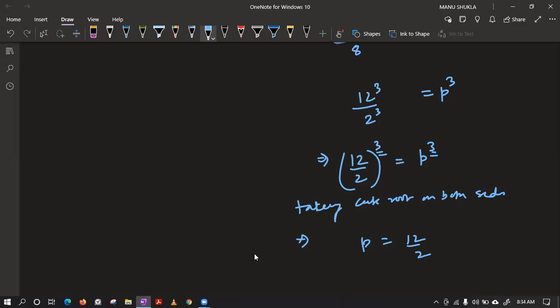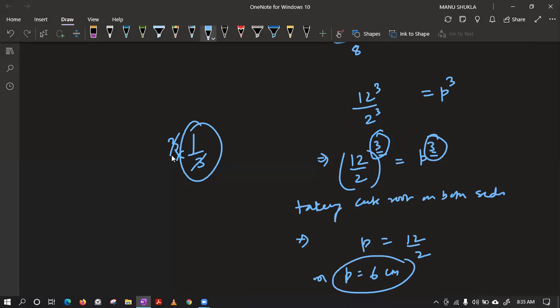Under root is for square root. When we are not mentioning the power, it is understood to be a square root, 1 upon 2 power, but here we are doing 1 upon 3 power. This is a cube. We are multiplying 1 by 3 on both sides so that the power will cancel. So the answer is p is equal to 6 centimeter.